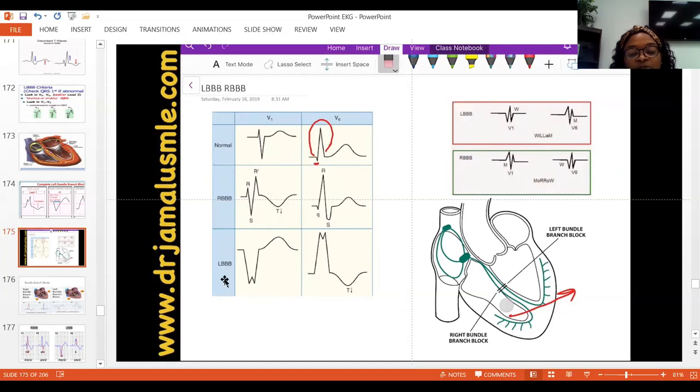And then in our left bundle branch block, we have the QRS deflection with the double R pointing negative. And then you see over in V6, you have the inverted T wave.